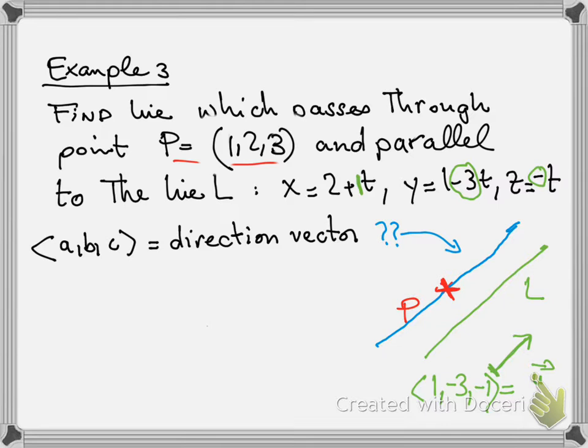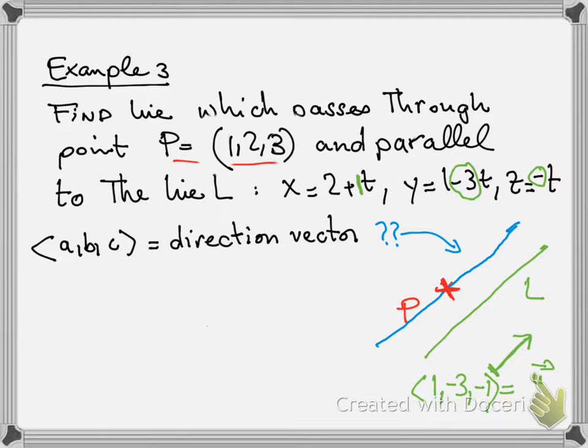So the coefficients of t are the coordinates of the direction vector of the green line L. If this vector u is the direction vector of the green line, then it's also the direction vector of the blue line, because the blue and the green lines are parallel.